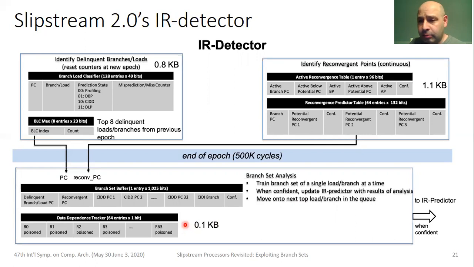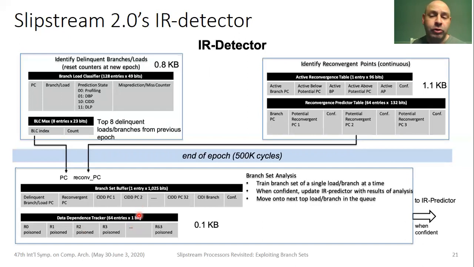The way branch set analysis works is when we see the delinquent branch, we will clear these 64 poison bits, 1 poison bit for each logical register defined in the ISA. And then for all the control-dependent instructions that follow that branch, we're going to poison their destination registers by setting their poison bits. After the reconvergent point, we're going to propagate poison bits from source registers to destination registers within the control-independent region.